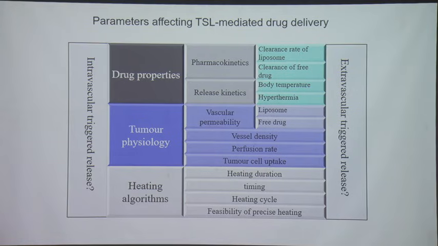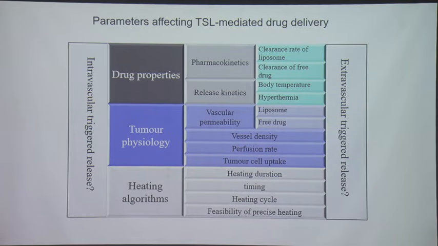And when we look at the tumor physiology, it includes various parameters like the vascular permeability, and typically in tumors the vascular permeability is much higher than in normal vasculature. And then the vessel density, because in this case one of the practical problems is that you may not be able to model the individual capillaries or individual vessels within a tumor.